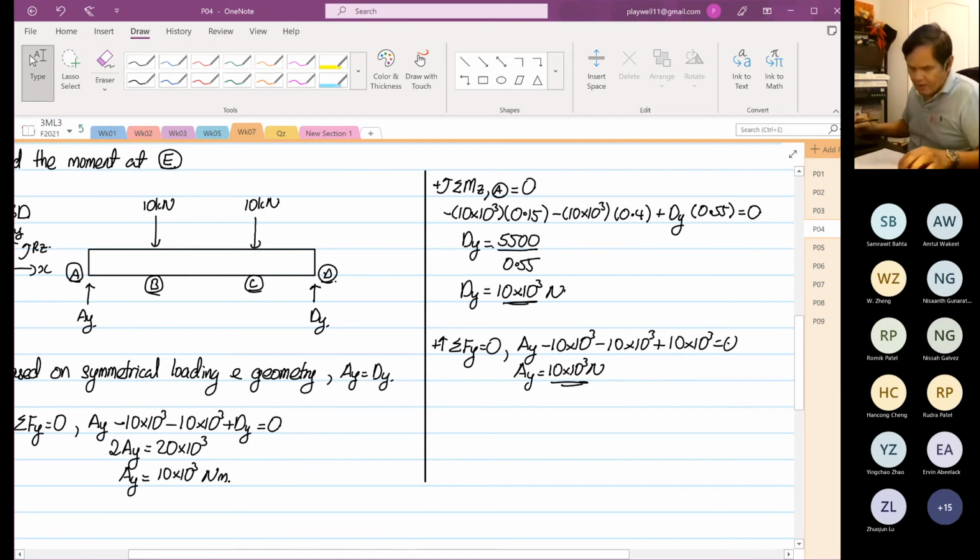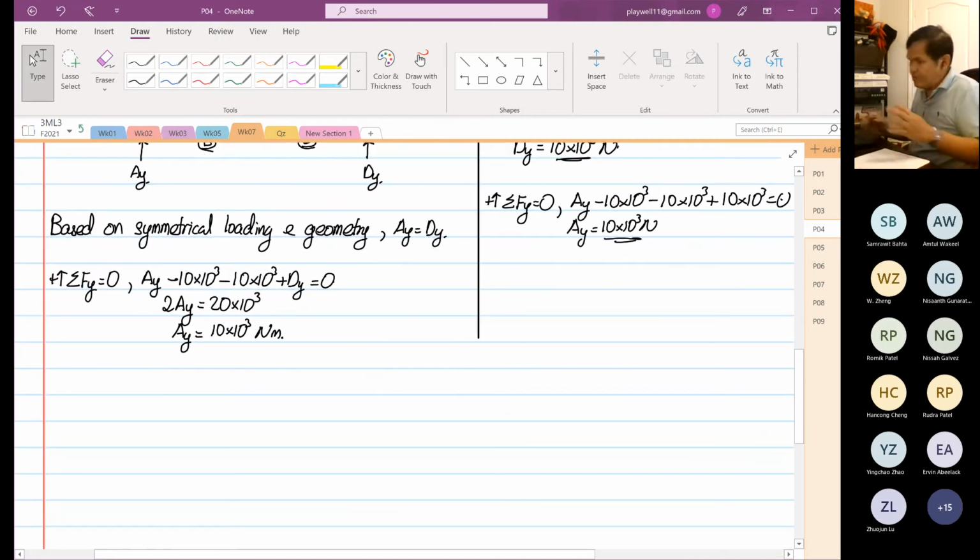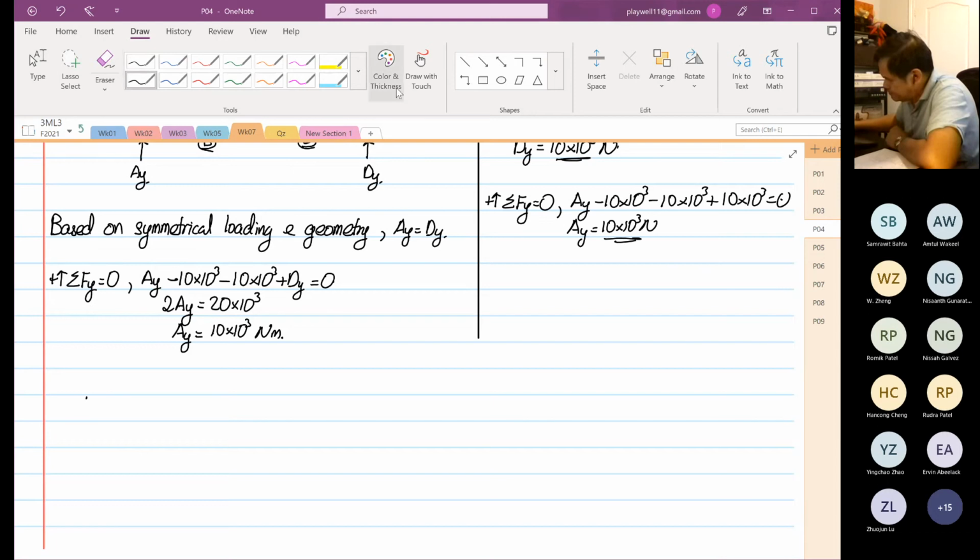Okay, so now we have to calculate the moment. So remember, earlier we said that we can treat it like half a cantilever beam. So we just draw this out. Okay.